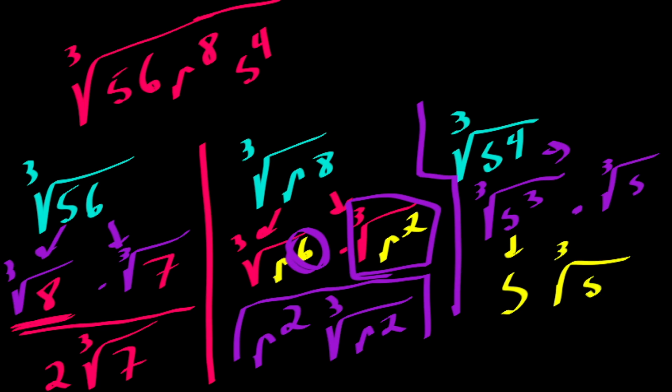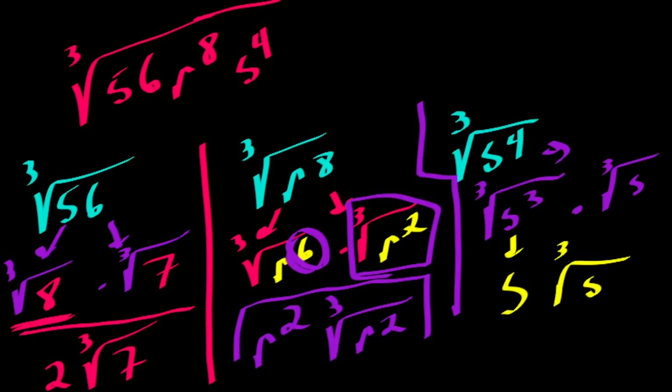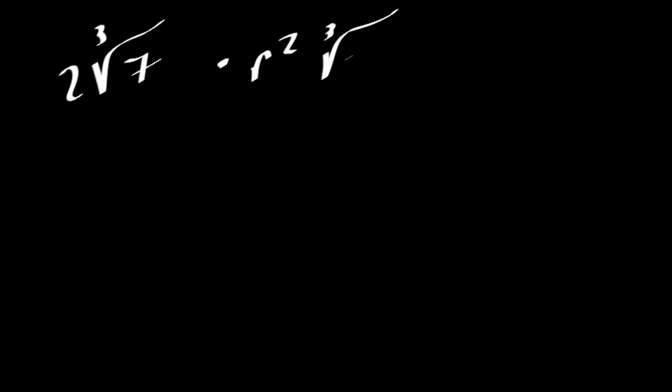So once again, let me rewrite all this just so you can see, and we'll put it back together, and then we'll be finished. We had 2 cube root 7 times r squared cube root r squared, times s cube root s.